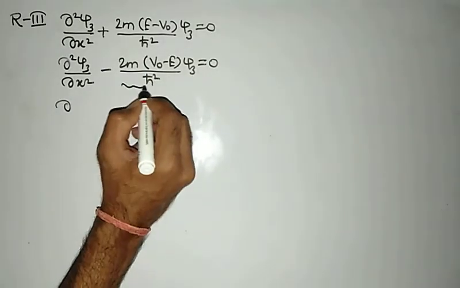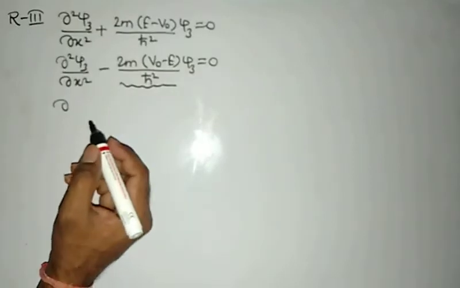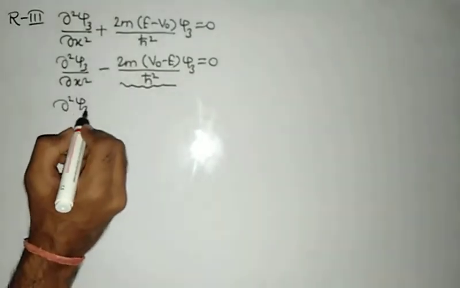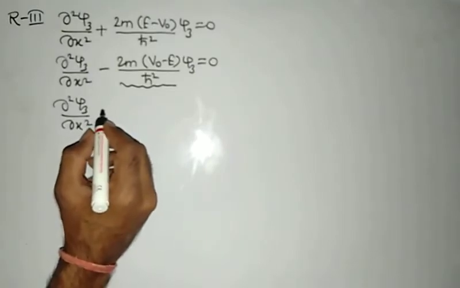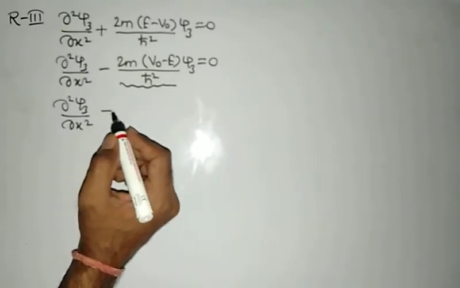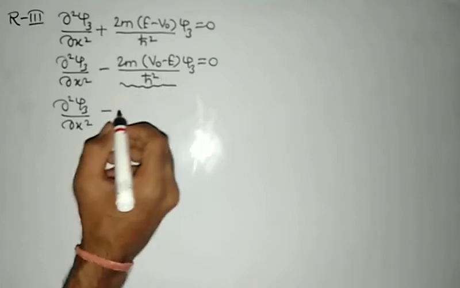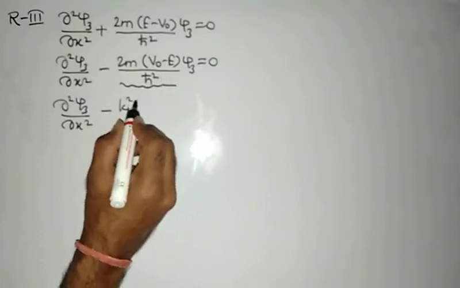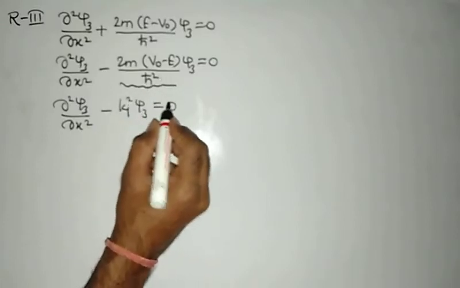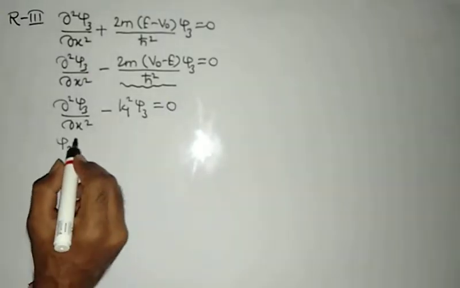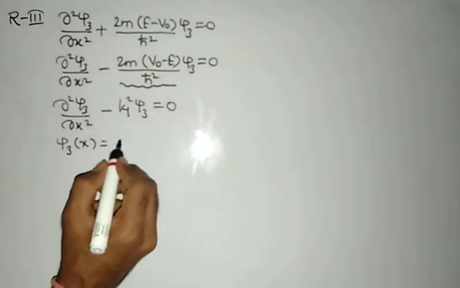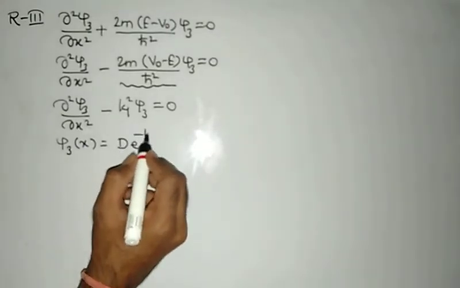Now writing this quantity as k1 again, so del square psi 3 upon del x square minus k1 square psi 3 is equal to 0, and the solution will be psi 3 is equal to d e to the power minus k1x.